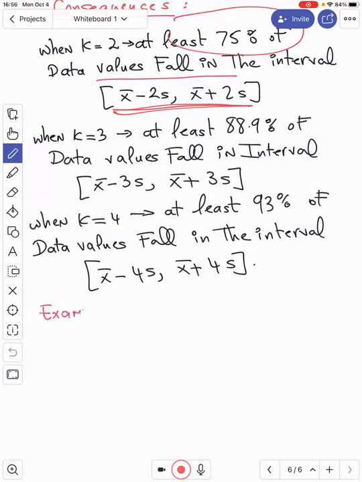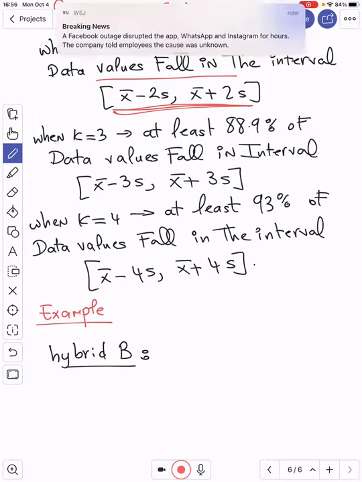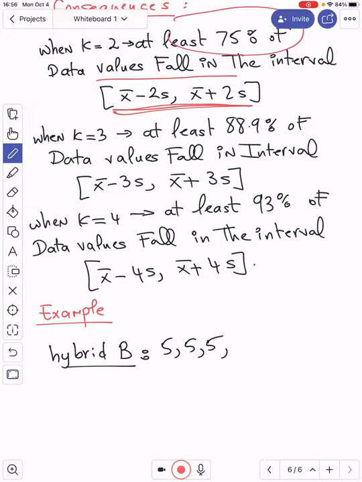Let's say again we have this hybrid B, and the values, what was the hybrid B? Yes, it was 5, 5, 5, 6, 7, and 8, right?